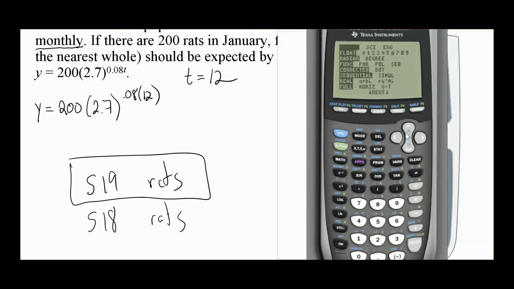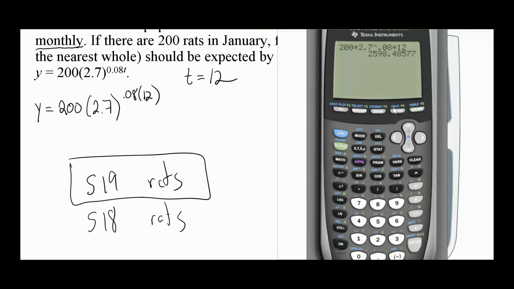Let me change the mode real quick just so that some people don't have this math print mode in their graphing calculator. So let me just point out what it's going to look like there. So if we have 200 times 2.7 to the power of, at this point we do not want to say 0.08 times 12, and I want to point out why. So what I have typed is incorrect, just to be clear.